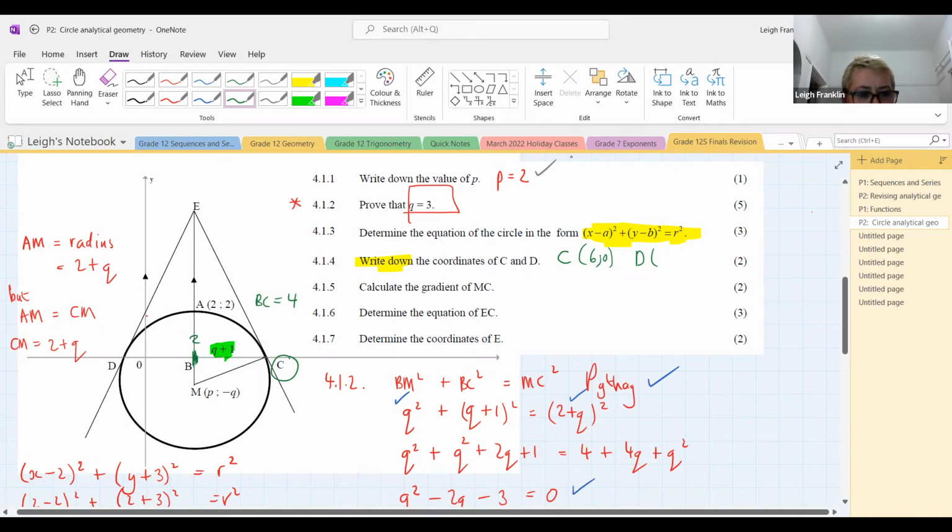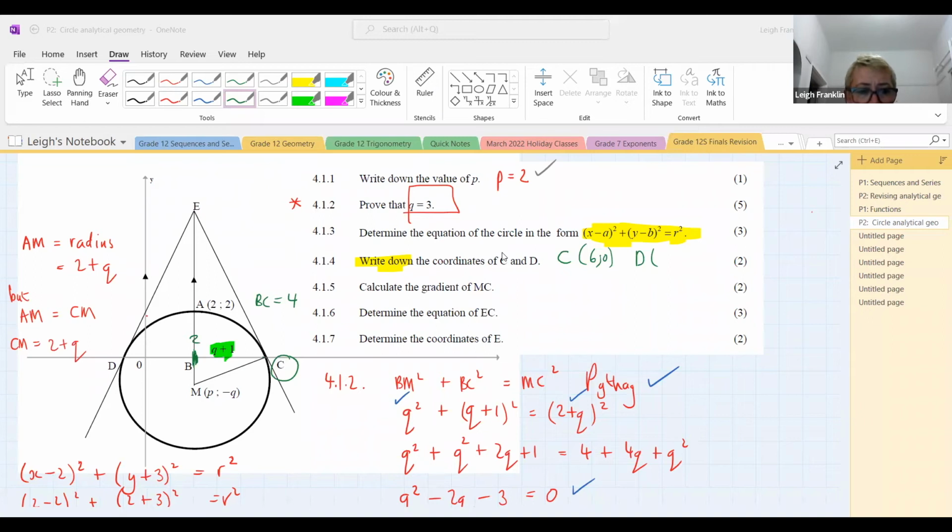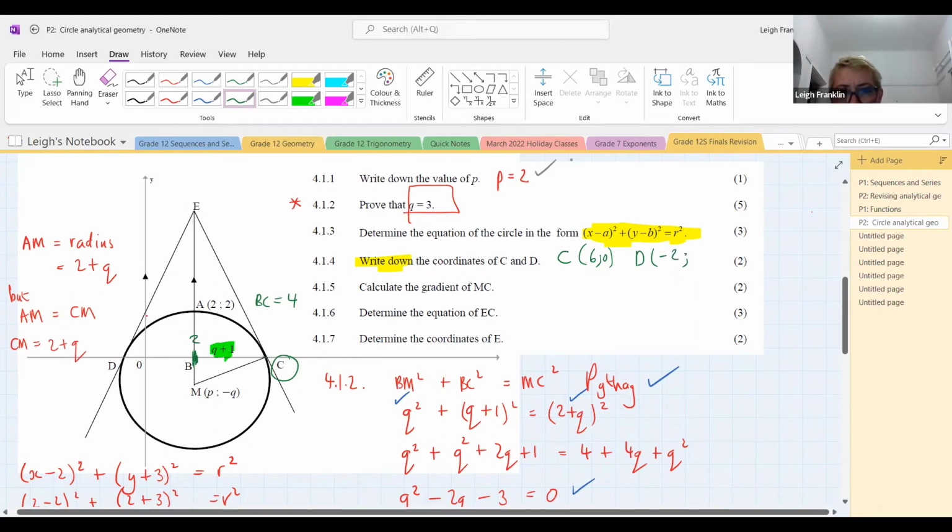And the distance from B to C has to be the same as the distance from B to D, right? So 2 minus, that's okay. Can you see it? 2 minus 4, not 5. That's it. Good. All right. So the coordinates here have to be (-2; 0). Okay. Good job, guys. Well done.